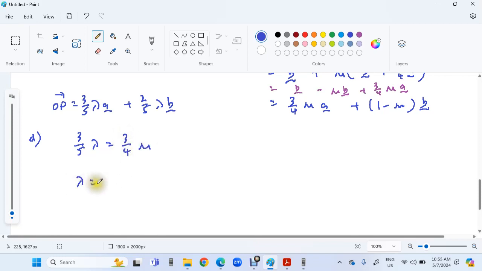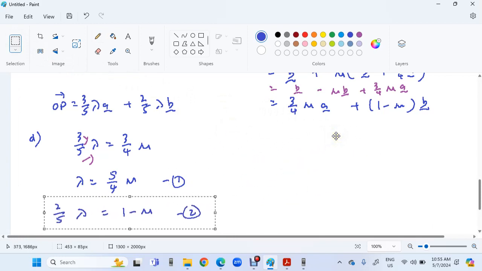So lambda will be 5 over 4 mu; I multiply by 5 and divide by 3, the 3 cancels. This is equation 1. Then we have 2 over 5 lambda equals 1 minus mu. This is equation 2.